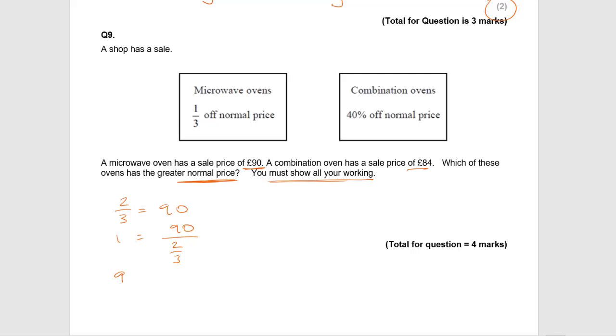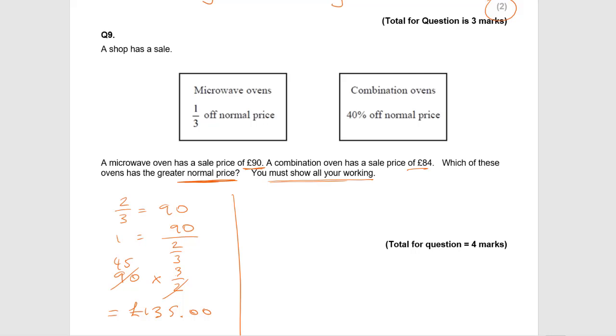So in that case, our working is going to be 90 times by, so we're going to keep flip change, because dividing by fractions, keep flip change. So keep the first number same, flip the second one, so that becomes 3/2. And 2 goes into 90, 45. Just simplifying the fractions. 3 times 45 is £135. Okay, that's the microwave oven.